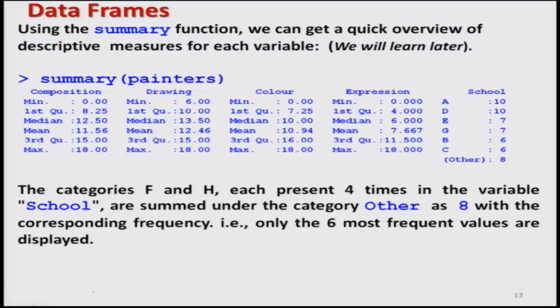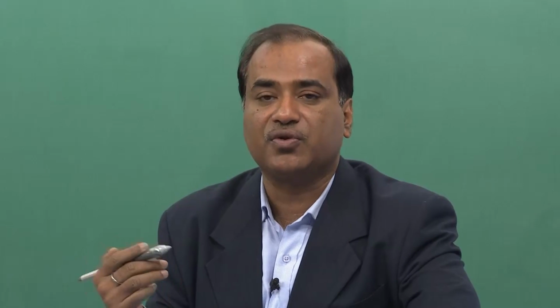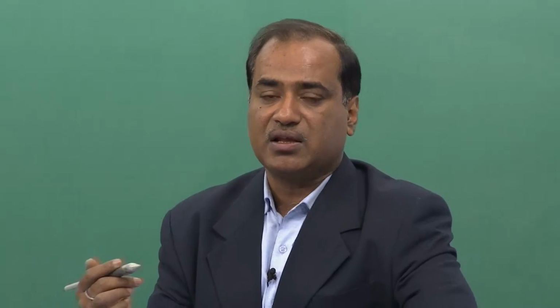Okay. So we come back to our slides and I will show you some more applications on this data set. I am going to use a function which is called the summary function. We have not done this summary function up to now, but we will take it in the forthcoming lectures. My objective here is simply to show you that different types of functions which we are going to learn for numerical manipulation and statistical computations in the forthcoming lectures will also work on data frame type of objects.